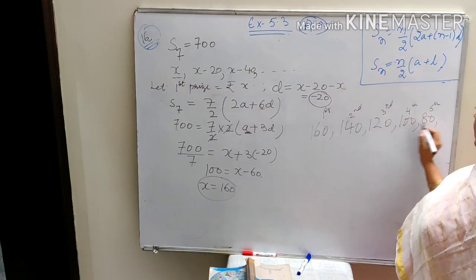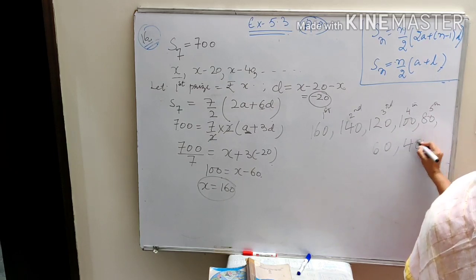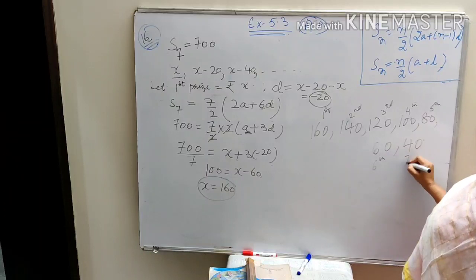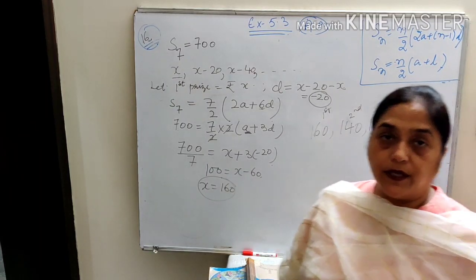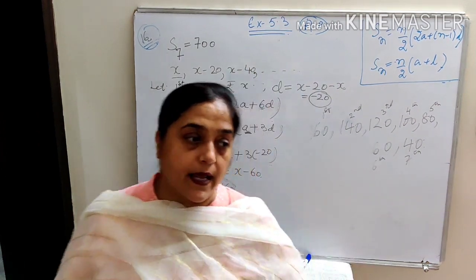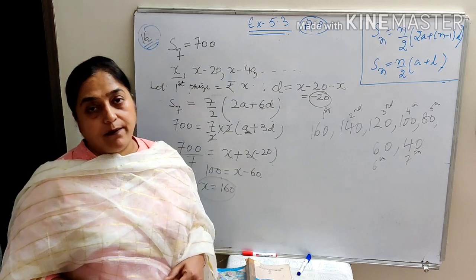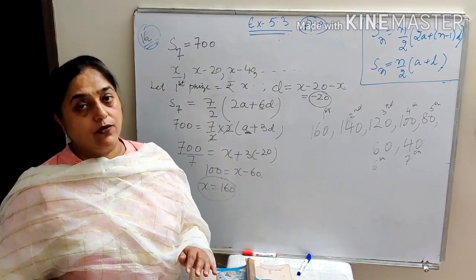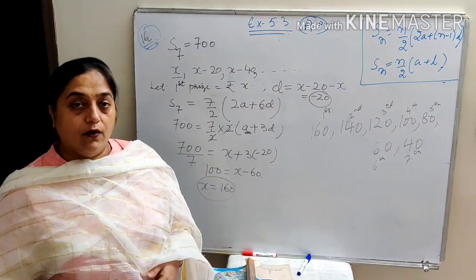After 80 what will come? We will again reduce 20, 60 and then it is 40. So I have my last prize, that is the 7th prize, that comes out to be rupees 40, and my first prize comes out to be rupees 160. The questions are very simple. You just have to find out whether we need to find the sum or the term. Got it? Now over to the next question.